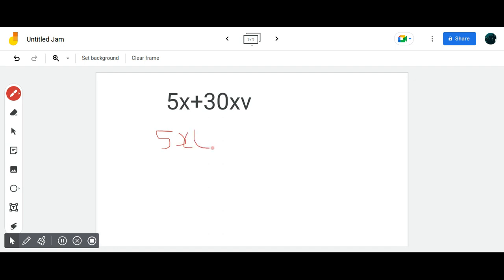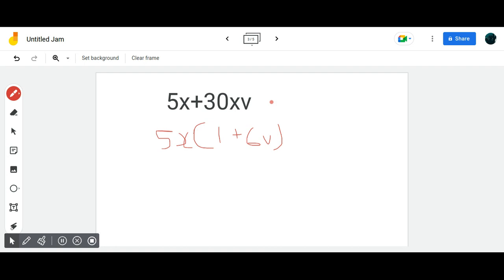So 5x into 5x goes 1 times, right? Plus 5x into 30xv goes 6v, because the x's are going to cancel each other, and I'm just left with 5 into 30v, which is 6v.